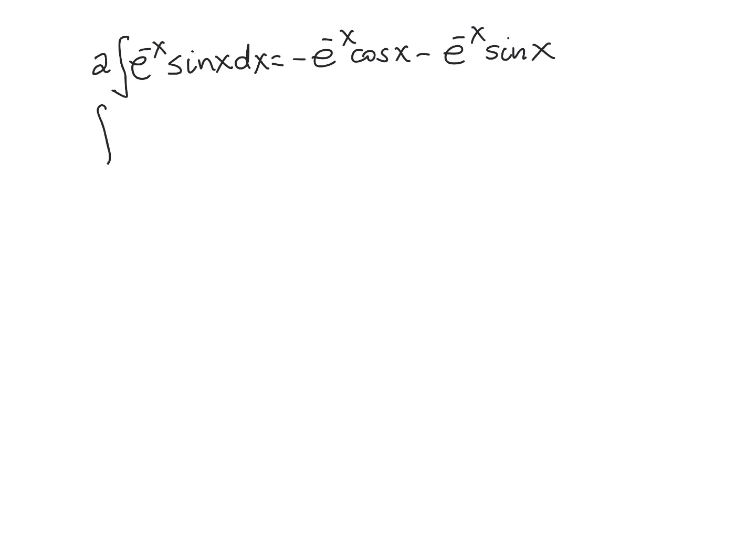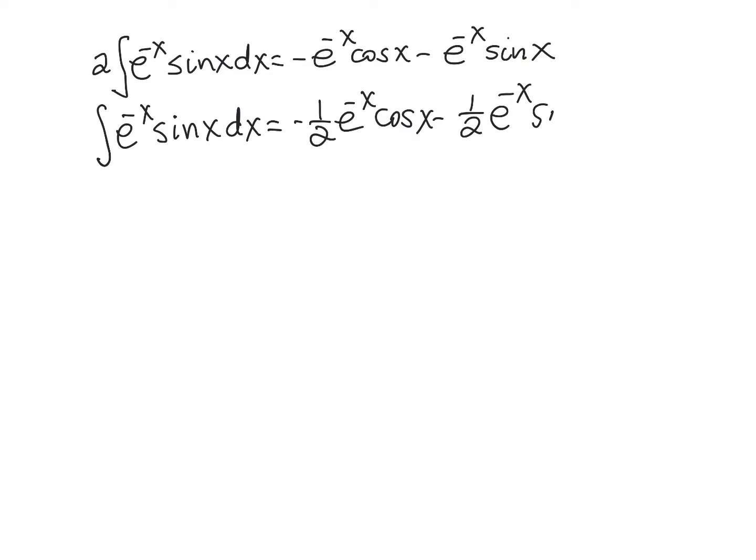Divide both sides by 2, and we have found the antiderivative of e to the negative x sine x. It is negative 1/2 e to the negative x cosine x minus 1/2 e to the negative x sine x. And now let's return to the improper integral.